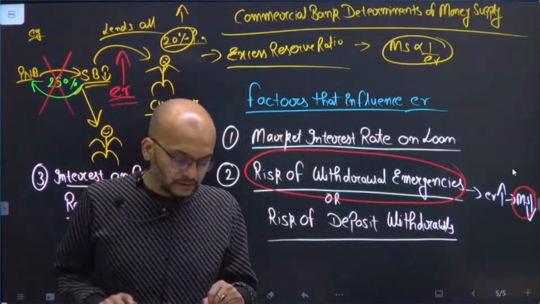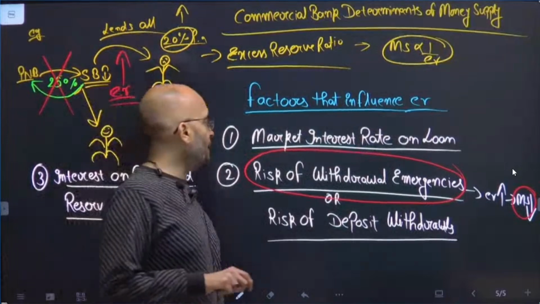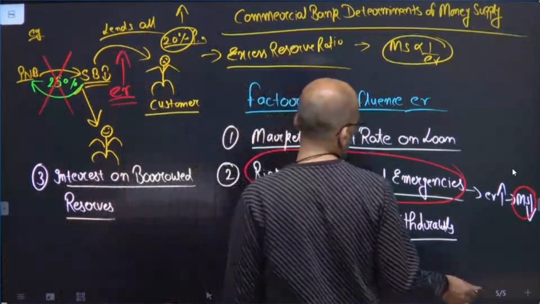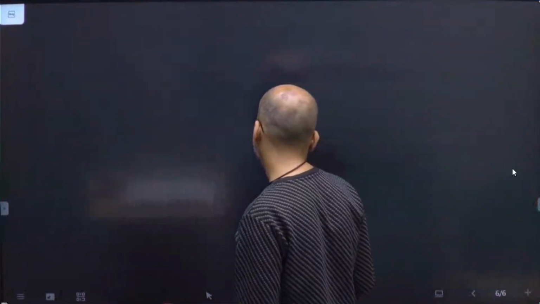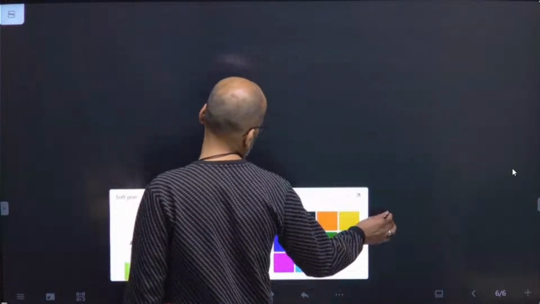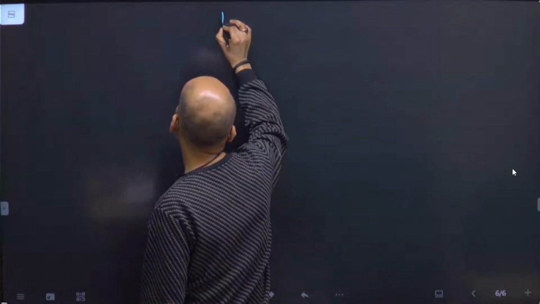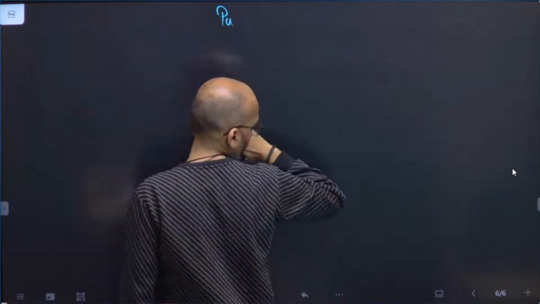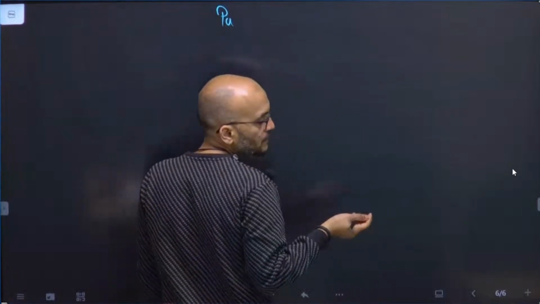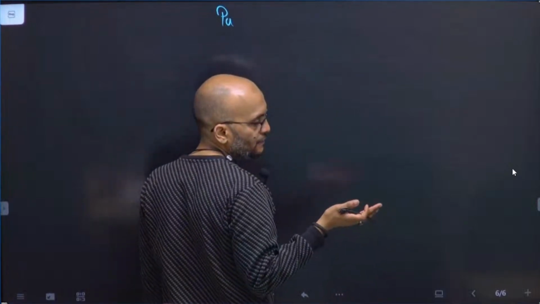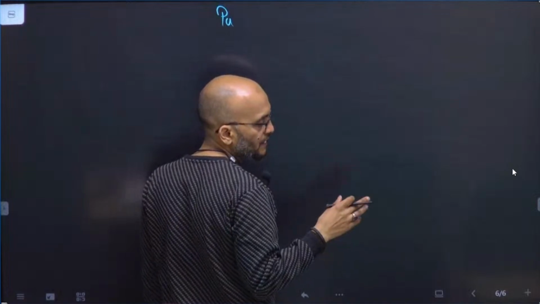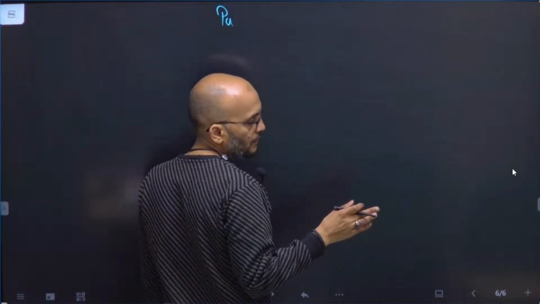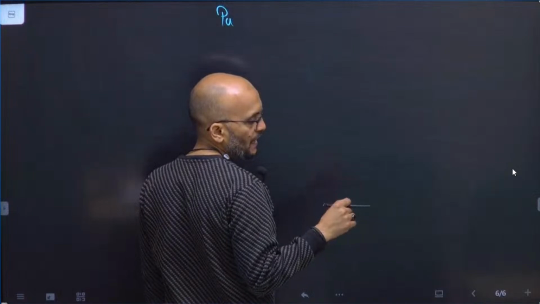Anyway, third is public determinant of money supply. Jyotika, these things were there during the time period of Corona, when this emergency thing was happening.